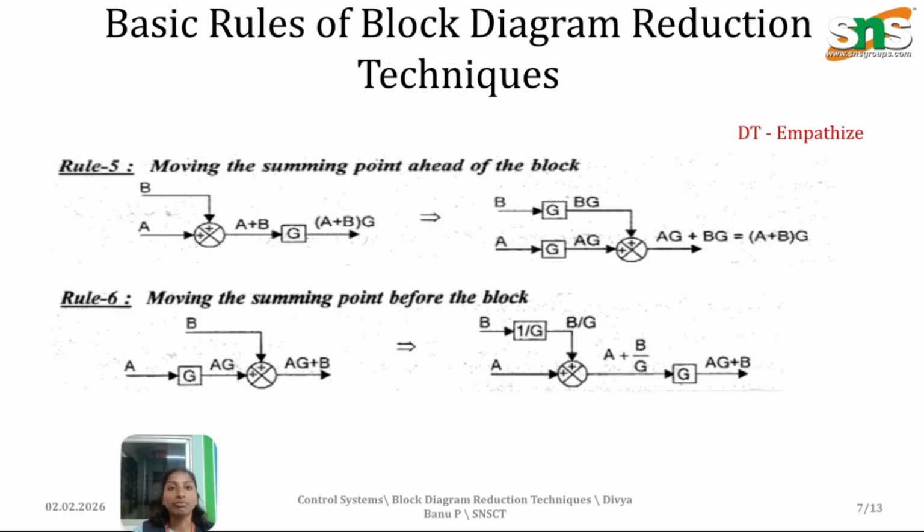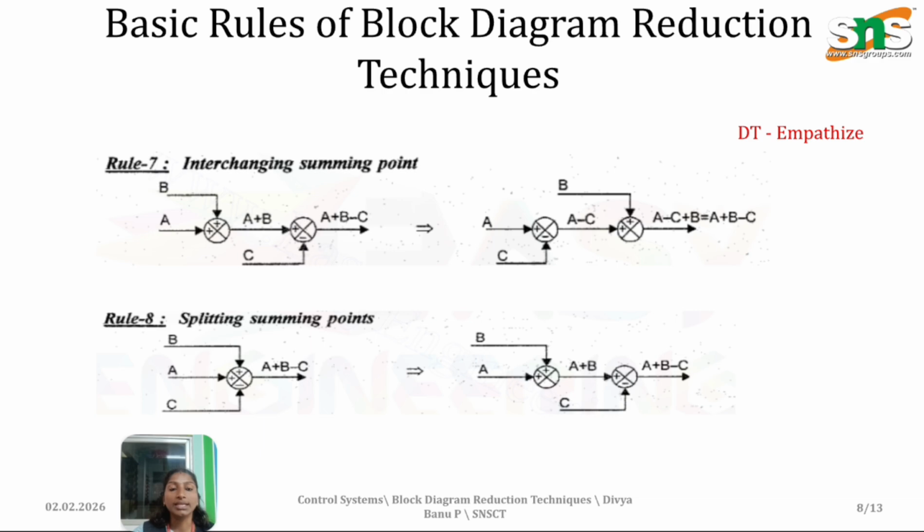Coming to rule 5, moving the summing point ahead of the block. In the previous two rules, we learnt about moving the branch point, whereas here we have to move the summing point. At that time also we have to add G and 1 by G. The output is not changing, but the block is simplified to one block.